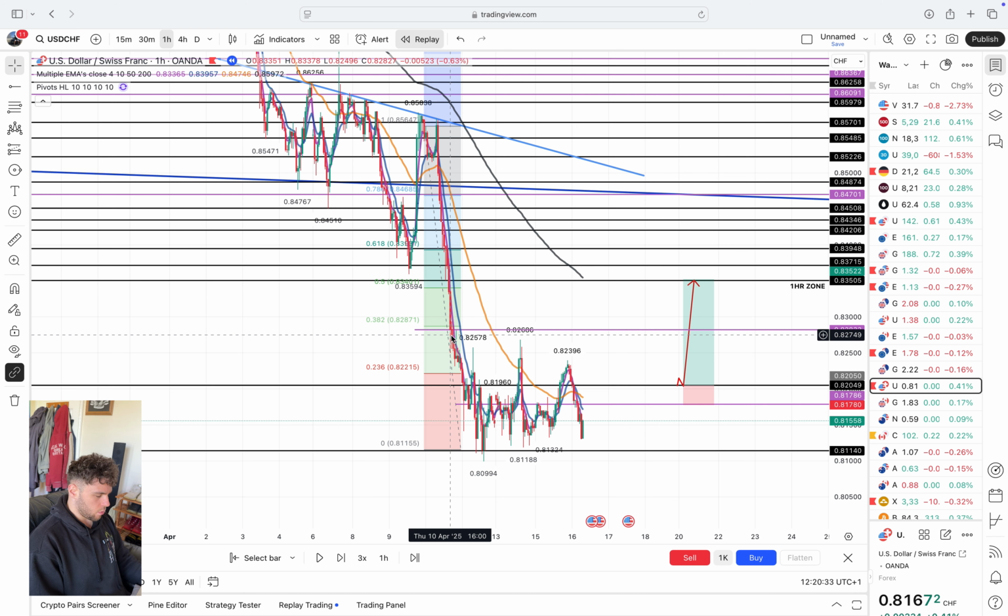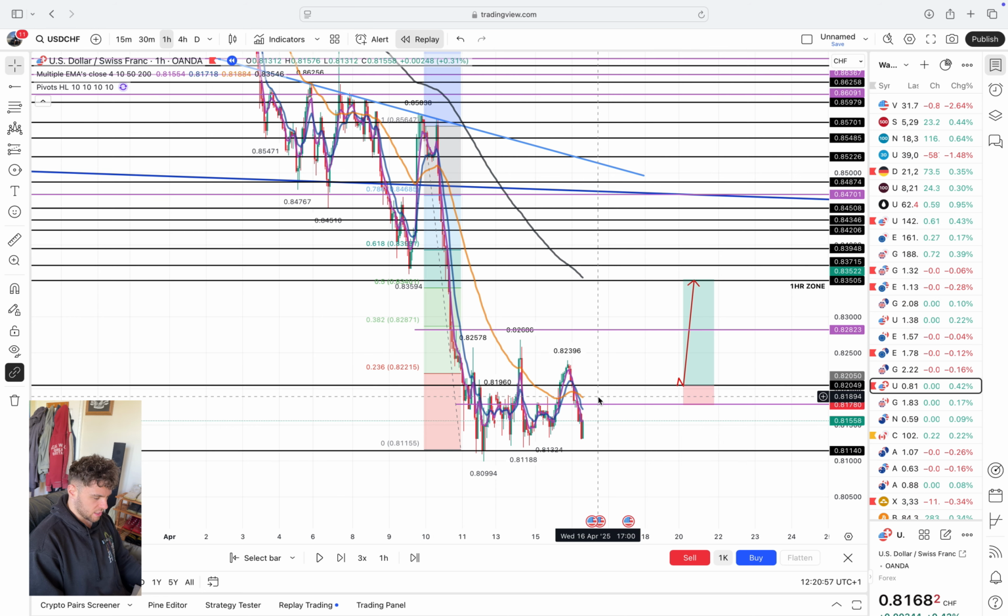For those of you who didn't know, 85 to 90% of the time the market will usually retrace at least 38.2% of that move until it's deemed balanced, and then it moves how it wants to. The golden ratio is the 0.618, so that's always my final target.